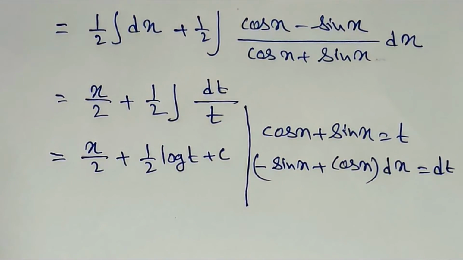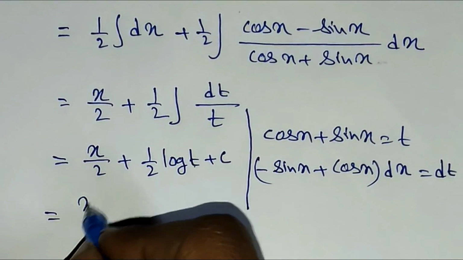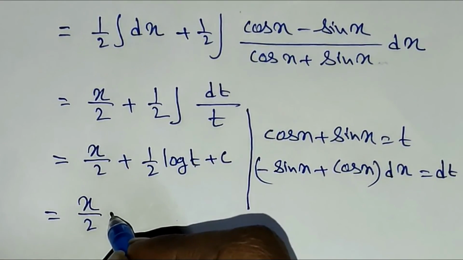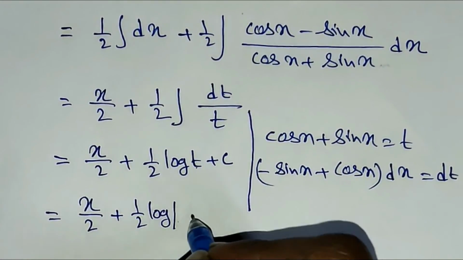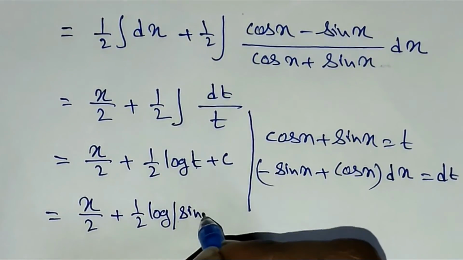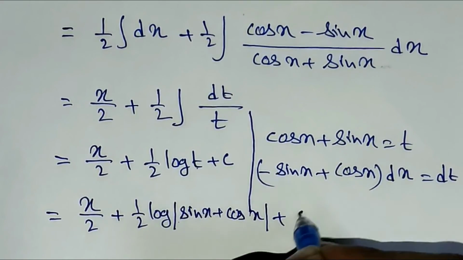C is the integrating constant. Now substituting the value of t here, we get the final answer, that is x by 2 plus half of log of sin x plus cos x plus c.